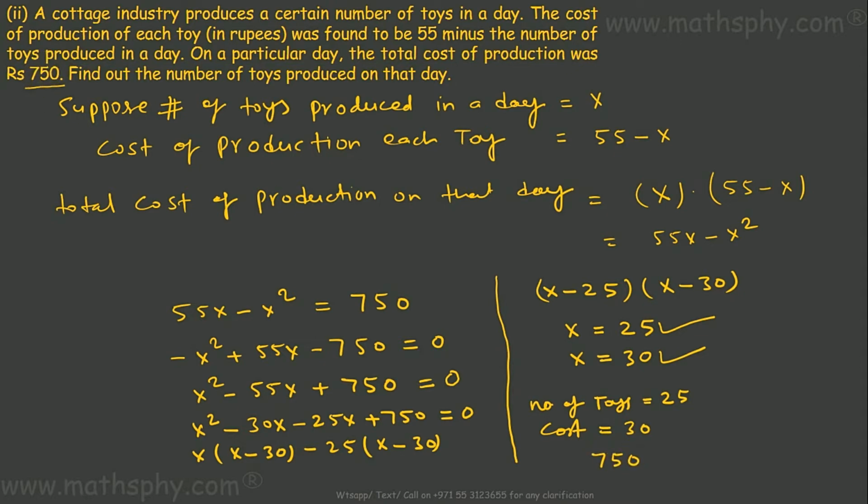Matches with this one. If the number of toys were 30, then the cost would be 55 minus 30, which is 25. Again, the total cost would be 30 into 25, 750. Matches with this. So our answer is correct. It can be either 25 or 30 toys on that day. Alright.